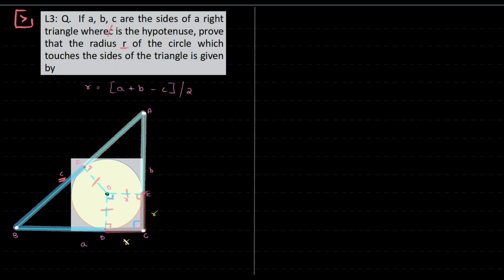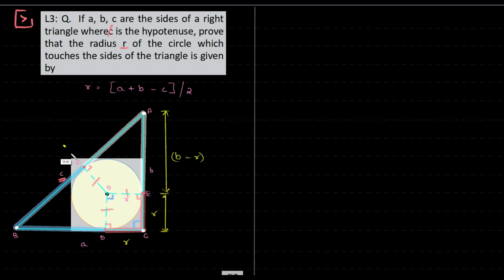This entire length is B, so this part of the length will be what? Yes, it will be B minus R.